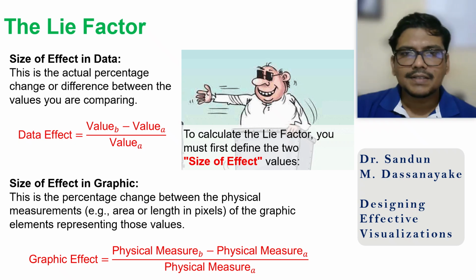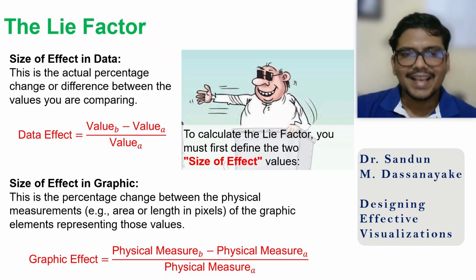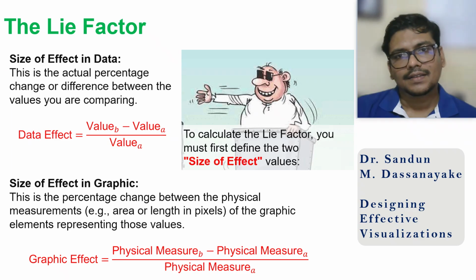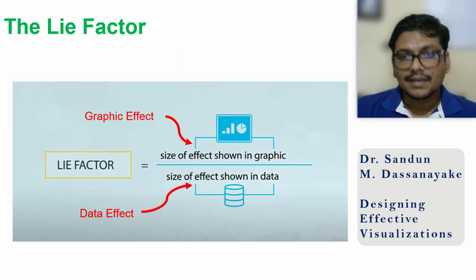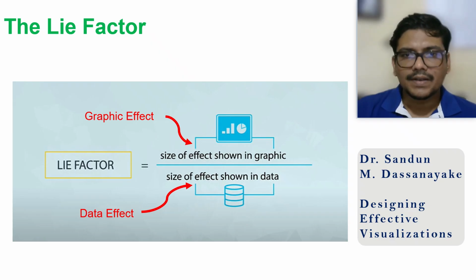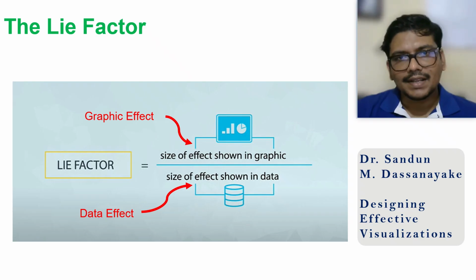This is the percentage change between the physical measurements like the area or length in pixels of the graphic elements that represent those values. Calculating the lie factor means measuring the visual effect size, which is the perceived change in the graphic, and dividing it by the real change in the data.